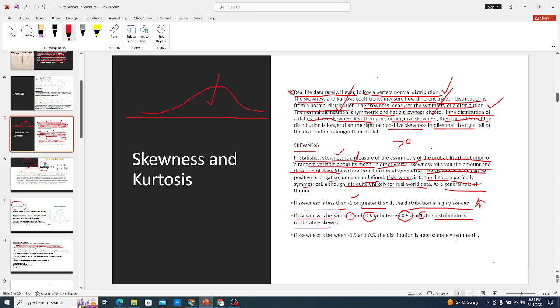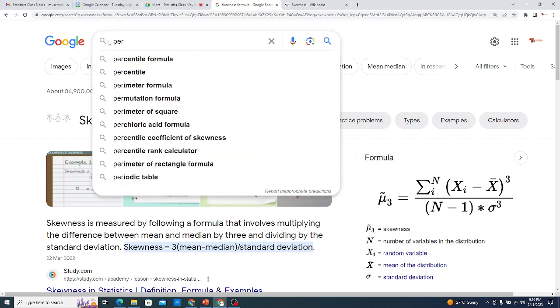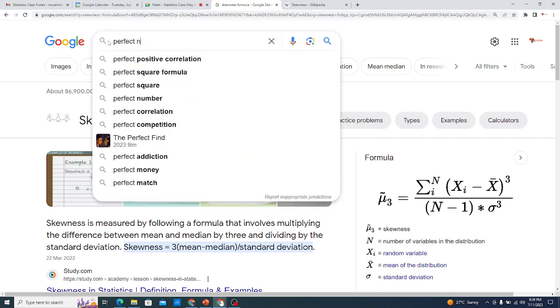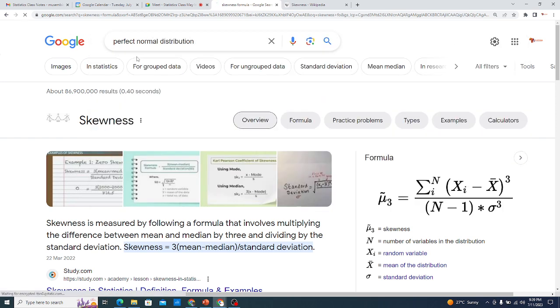But if the skewness is between -0.5 and positive 0.5, then we say it is approximately symmetrical. Like for example, let me check a perfect normal distribution curve.